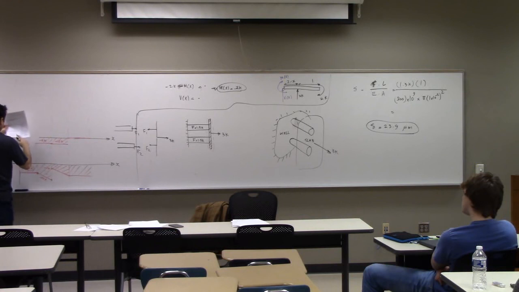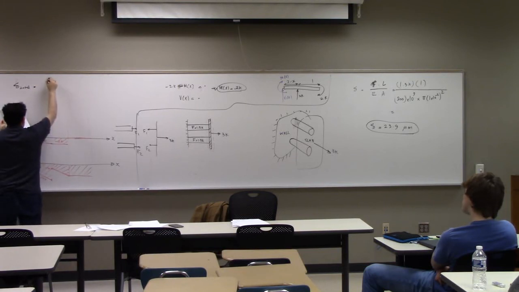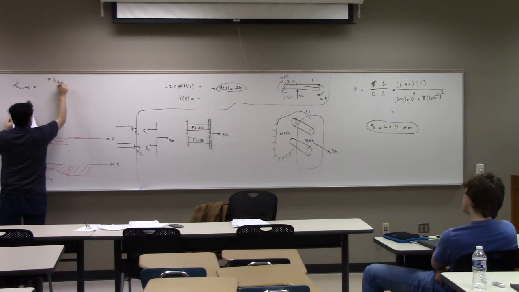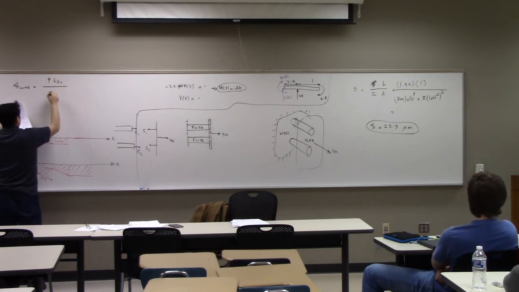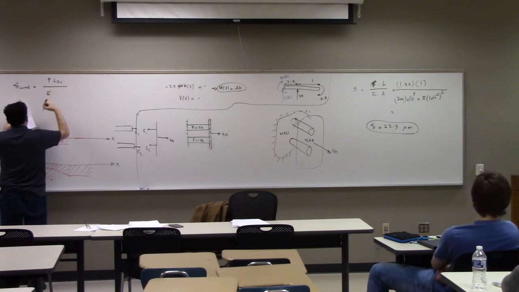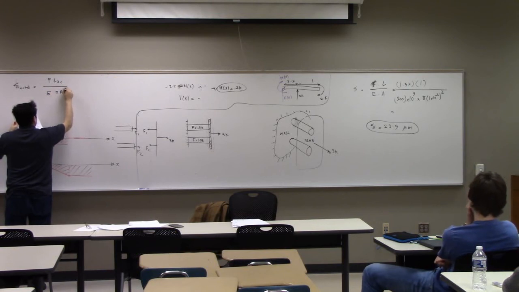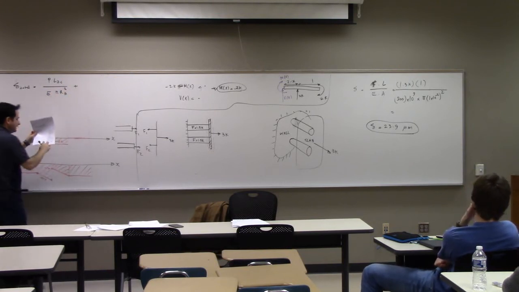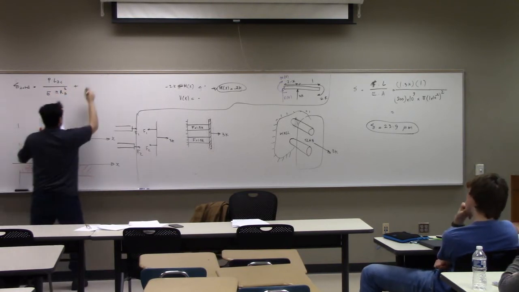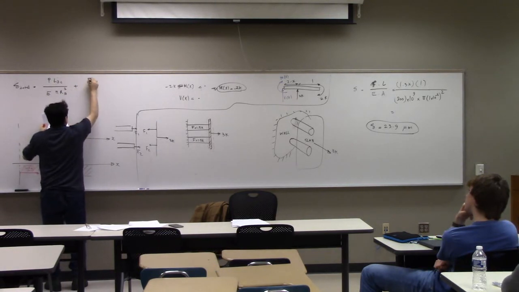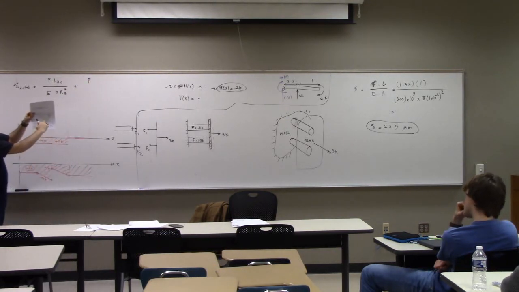So you say delta total is equal to delta of the constant cross section, which is P L BC over E times ABC, which is pi R B squared, plus the delta of the taper, which is again the same P, because the force is the same, right?